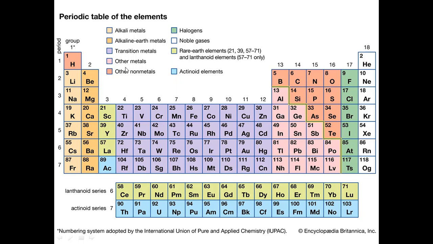Once again, you can have other non-metals as seen here. So as seen here, all these elements are non-metals. So you can have metals and non-metals. Metals are basically ones that form a plus charge, and non-metals form a minus charge.